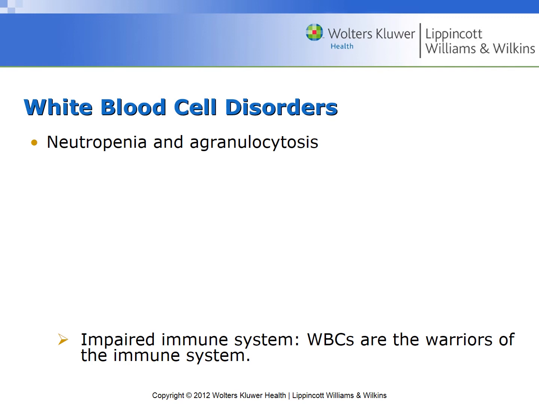White blood cell disorders. Neutropenia, agranulocytosis. Right? Oh, big words. Neutropenia is a decrease in neutrophils. So why do we need our neutrophils? Why do we need our white blood cells? Because they are the big guns in our immune system.